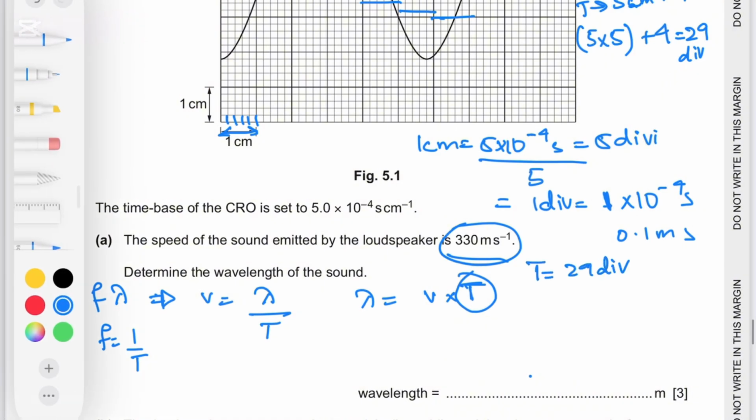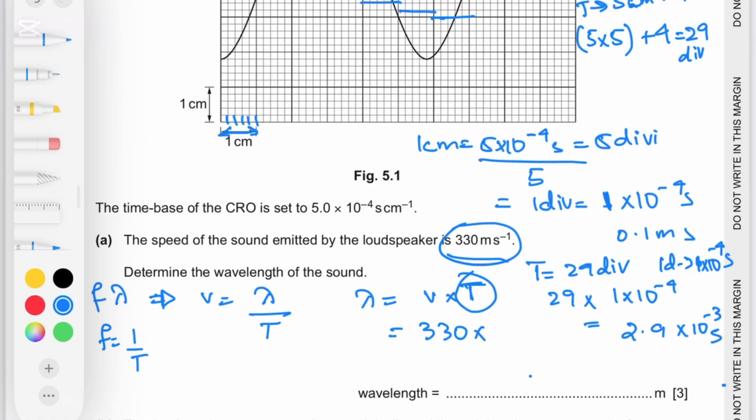As each division stands for 1 times 10 raised to negative 4 seconds, 29 divisions can be converted into the time period as well. So that gives you 2.9 times 10 raised to negative 3 seconds for the time. So now you can find out the wavelength by this product over here, and that is equal to 0.96 meters, correct to two significant figures.